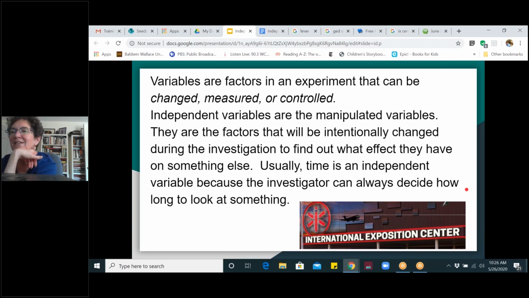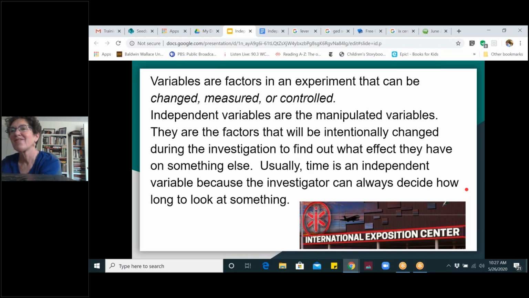And the reason I have that International Exposition Center is because when I moved to Cleveland and heard everyone talking about the IX Center, that helped me remember that the independent variable always goes on the x-axis. So when you're graphing your data, and we're going to see some of these, that makes sense because when you're plotting the points, you start with the x-axis, then the y-axis.